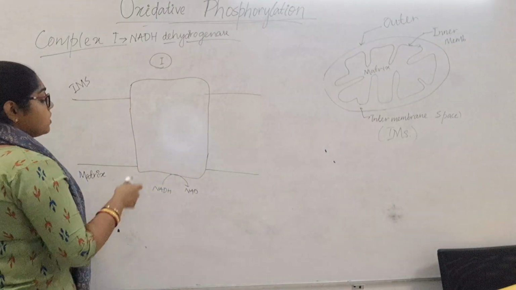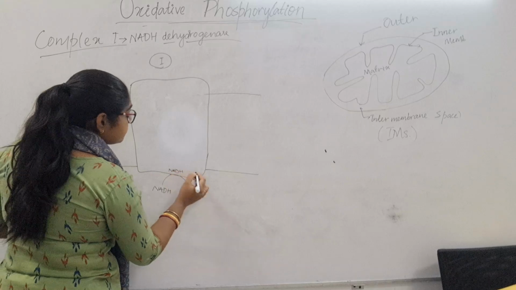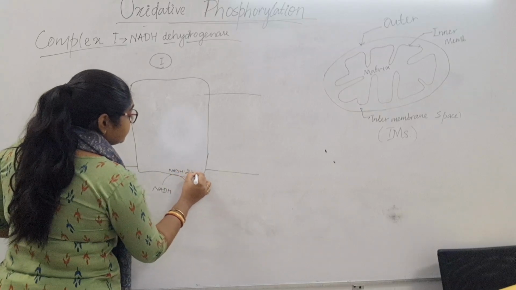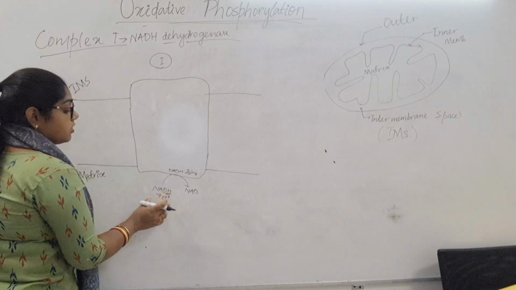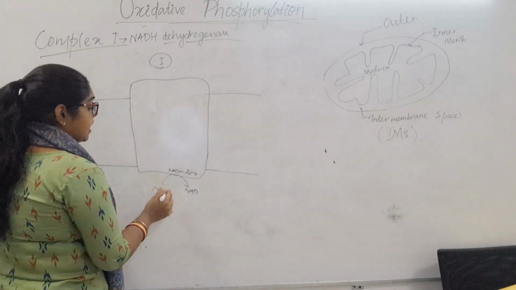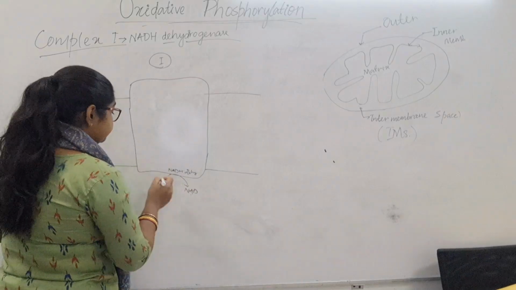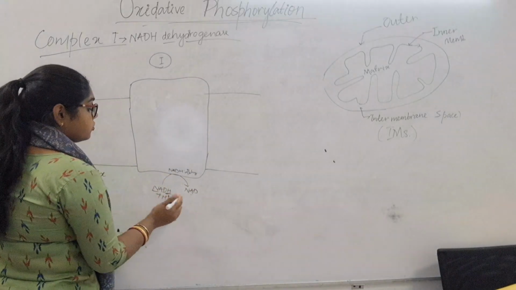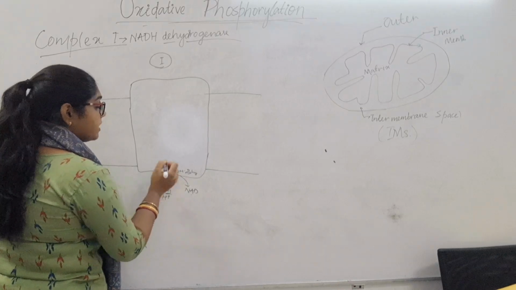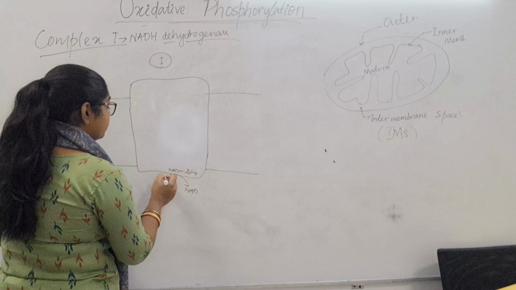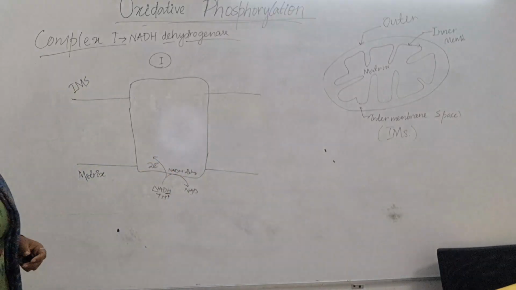So this NADH dehydrogenase present in complex 1 will remove the proton from NADH, and the NADH will convert to NAD. When it removes the hydrogen or the protons, along with it 2 electrons will also be removed.